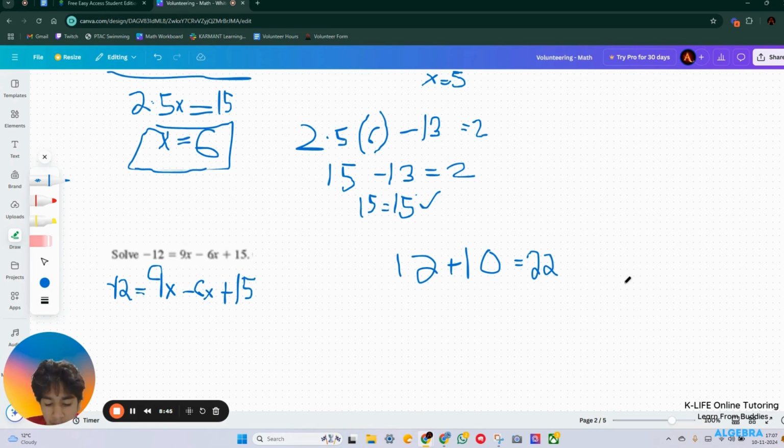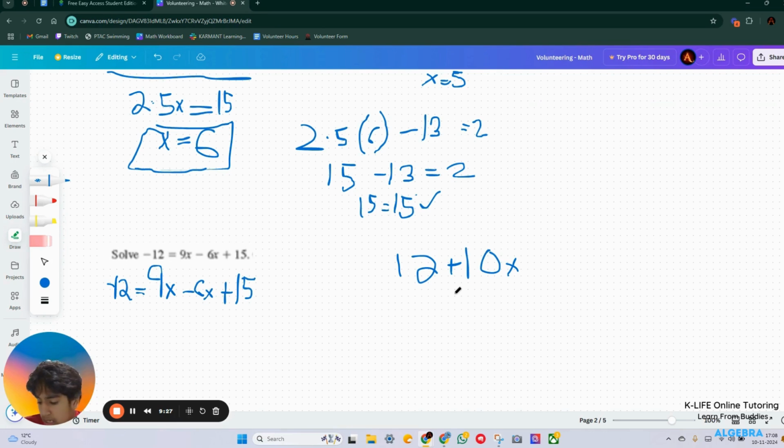Like terms are numbers, or certain values, that you can add together. It's that you're adding the numbers that have the same property, or the same identity, or are classified as the same identity. So 12 and 10 are basically numbers, okay, which you can add together, right? But if I were to give you 12 plus 10x, you can't add that together, because until you know the x value, you cannot add that up, because they are not like terms.